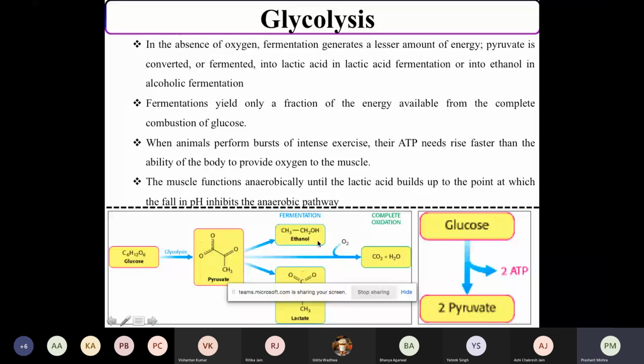One organic molecule is converted into another organic molecule, and it is incomplete conversion. On the other hand, when carbon dioxide and water are formed during complete oxidation, that is known as aerobic metabolism, and that is where fermentation and oxidative phosphorylation can be differentiated.